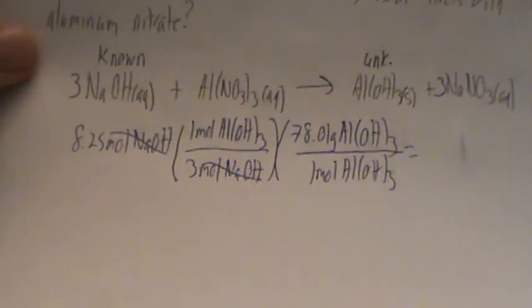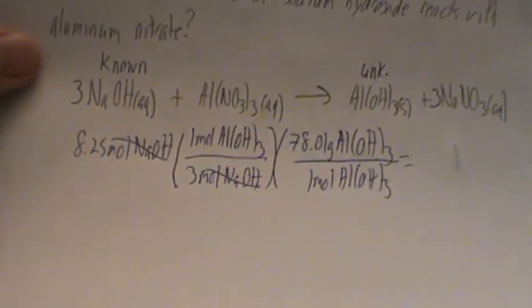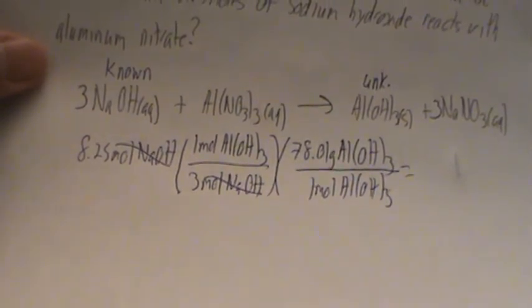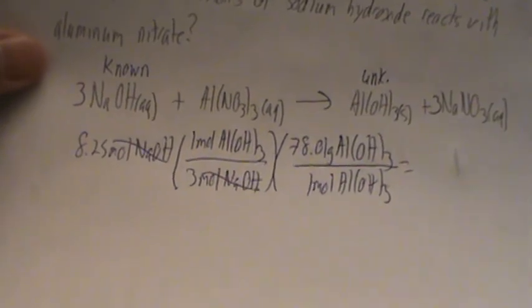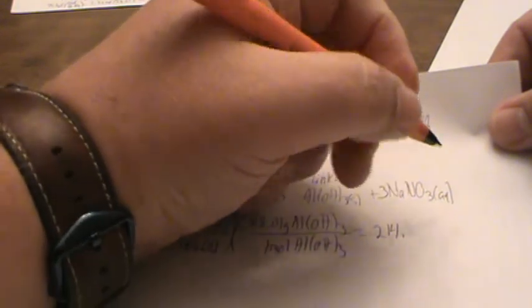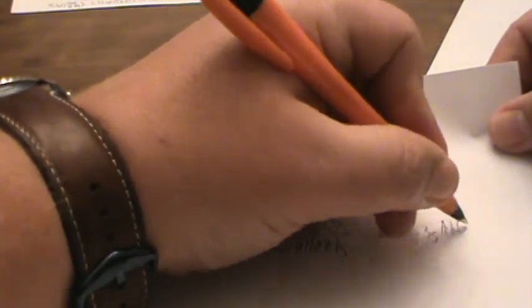And that's our setup. 8.25 times 78.01 divided by 3. I'm coming up with an answer of 214.53 grams aluminum hydroxide.